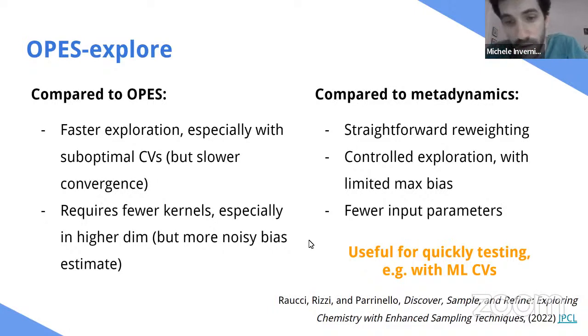So this makes it a very nice method for quickly testing new collective variables. For instance, when you use machine learning collective variables, often you cannot rely much on physical intuition to choose the input parameters of metadynamics. So it's good to have this kind of method. And as a matter of fact, it has already been used to explore chemical reactions with machine learning collective variables.